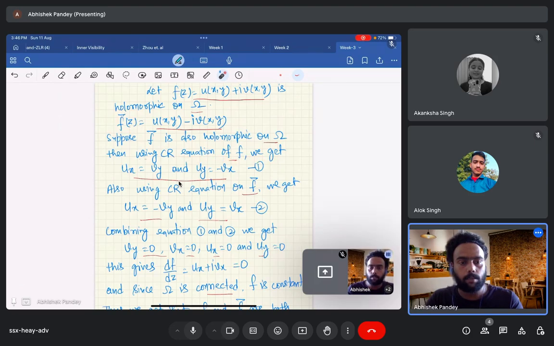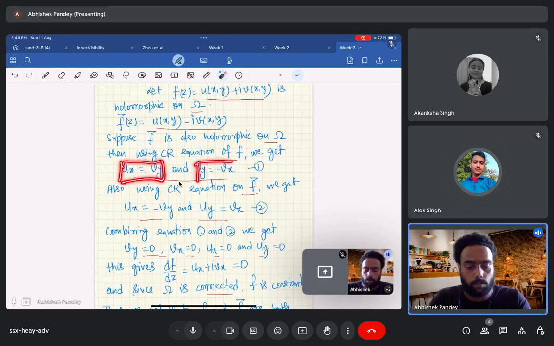Is it clear? First we will use the CR equation of f, which we denote as u_x = v_y and u_y = -v_x. Also, using the CR equation of f bar, we get u_x = -v_y and u_y = v_x.